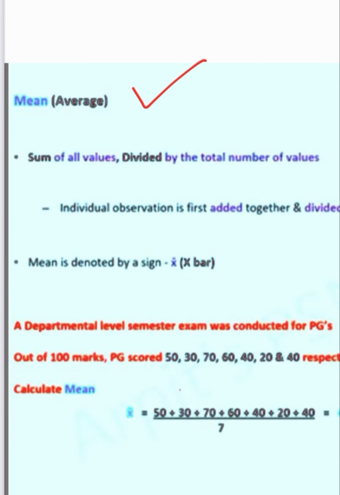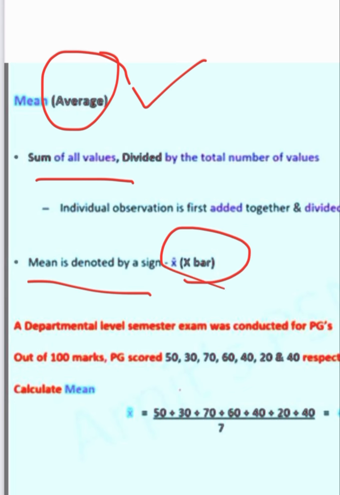First is mean. Mean is nothing but the sum of all values divided by the total number of values, means the average. In simple words, mean refers to average. Mean is denoted by x bar.